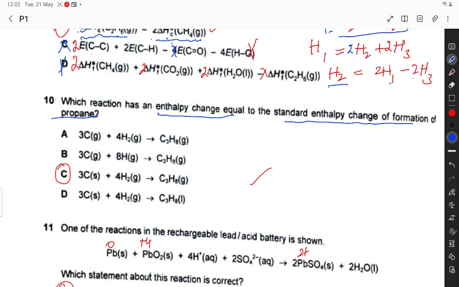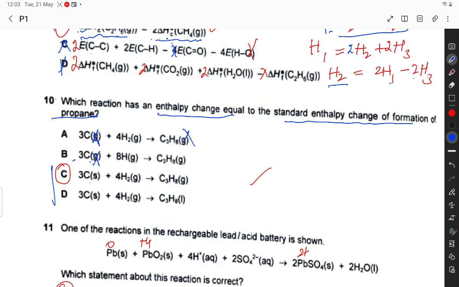So this is 3 because enthalpy change of formation can be defined as 1 mole of propane is formed from its constituent elements in their standard states under standard conditions. So this is not standard state, so that's why this is incorrect. This is also not standard state. Carbon should be in solid state. So these two could be correct.